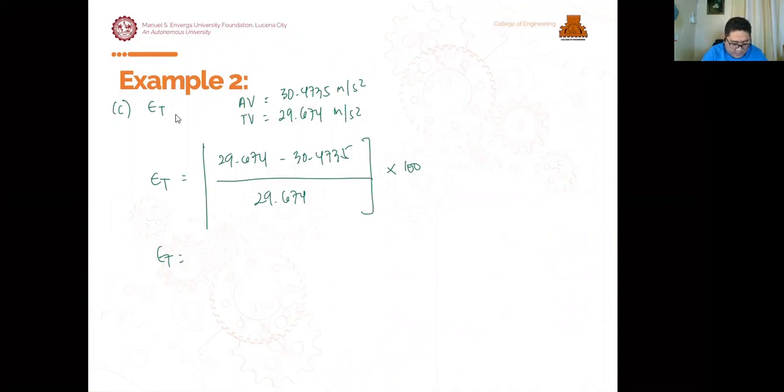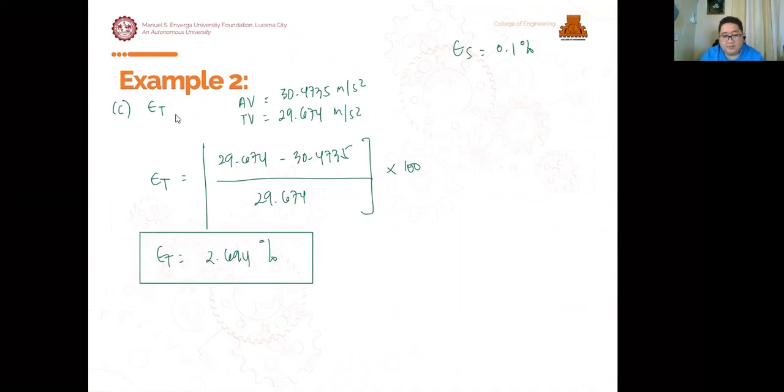May error tayo na 2.694%. Okay? So kung criteria natin halimbawa is 0.1%, our relative true error is malaki pa, no?